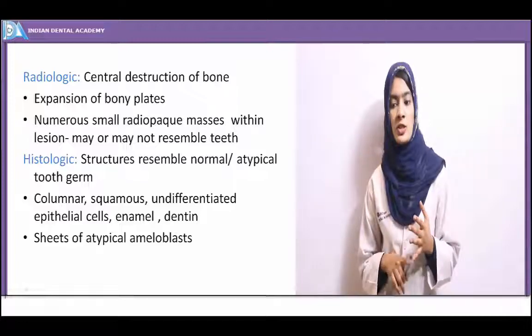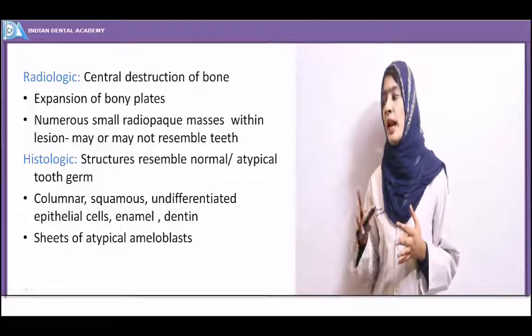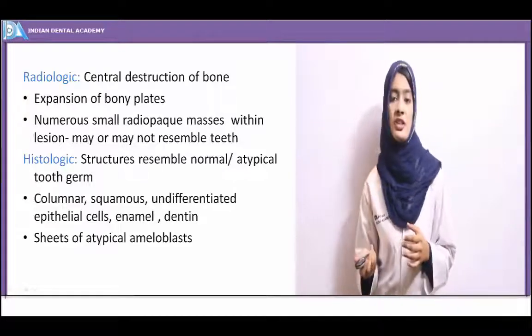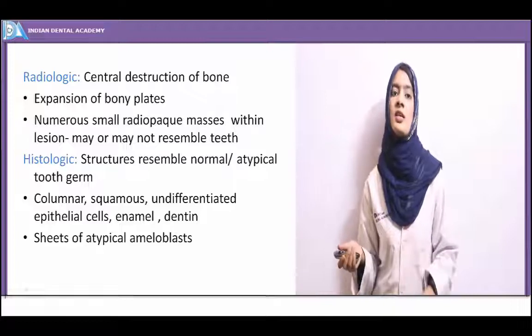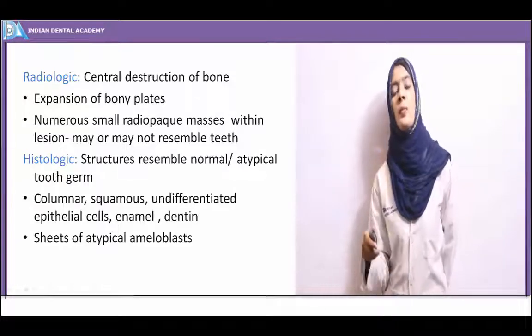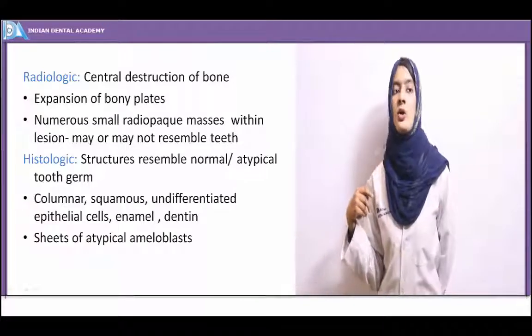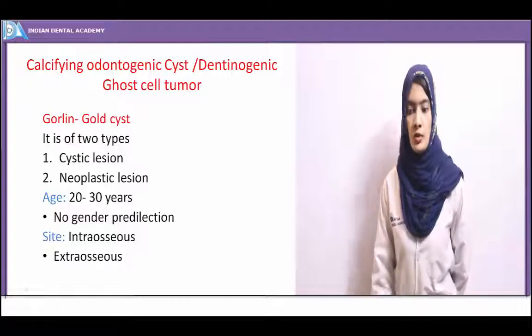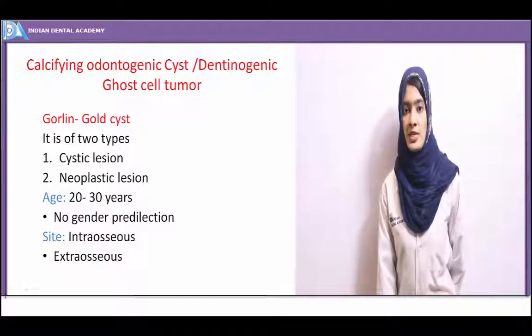So the microscopic picture shows ameloblastic epithelium, keratin pearls, enamel, dentin, and sheets of atypical ameloblasts. That is, the calcified structures resemble enamel and dentin, right? So ameloblastic epithelial components along with these odontoma components, that is the enamel and dentin, are seen.